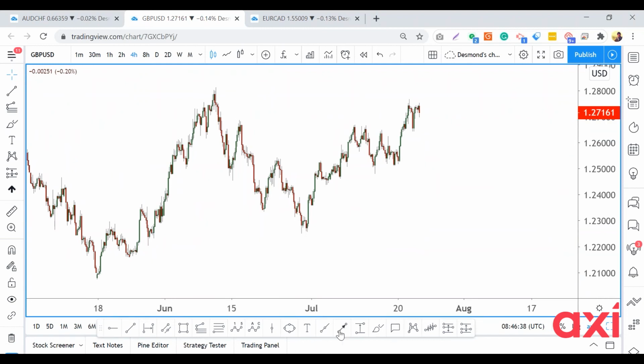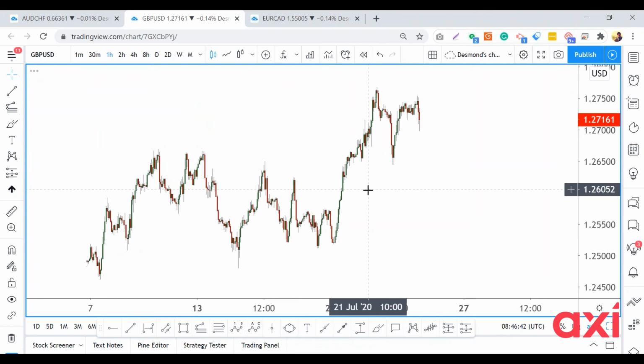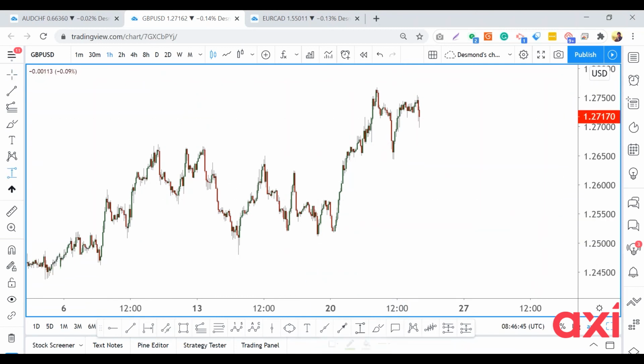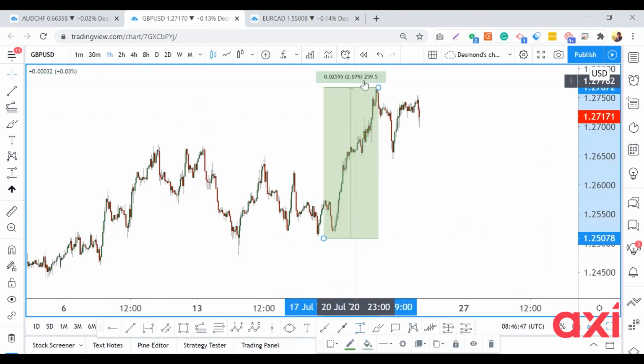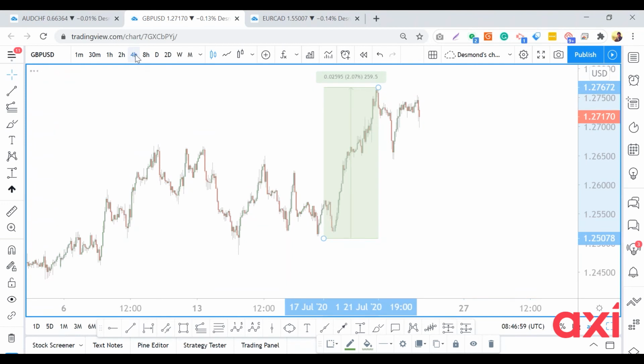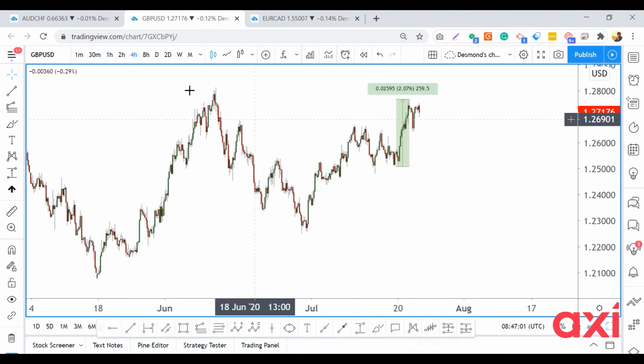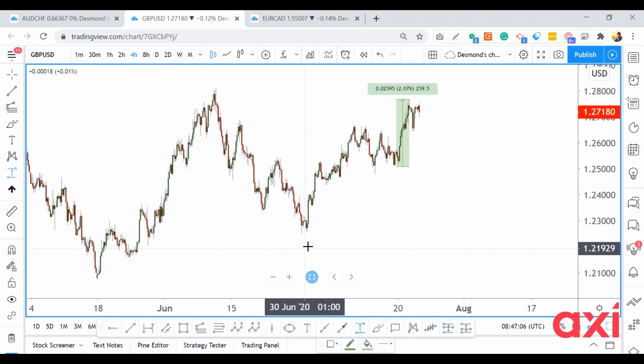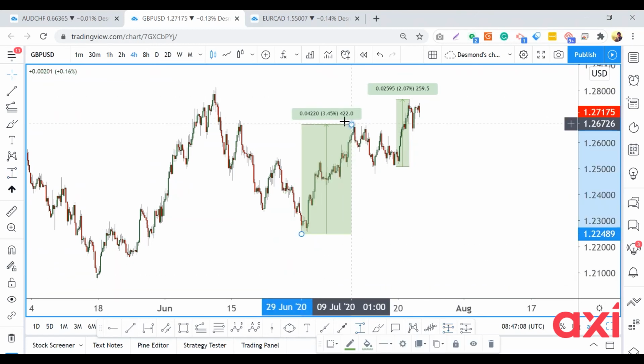If I'm talking about the 1 hour chart, occupying almost the full screen from here to here, this is about 260 pips. On a 4 hour chart, you take the same size, something from here up to here, that is 422.